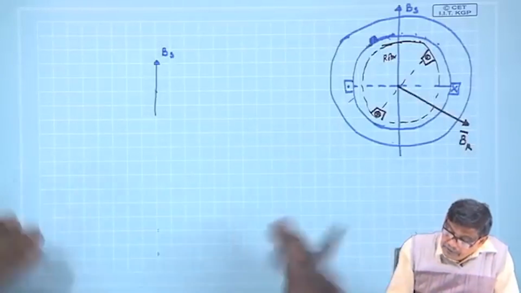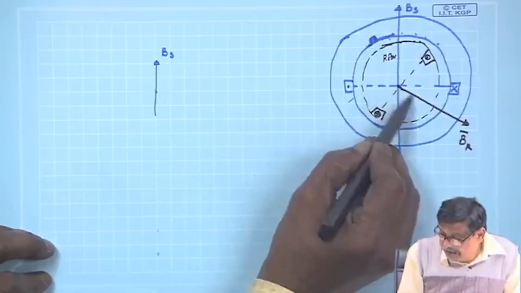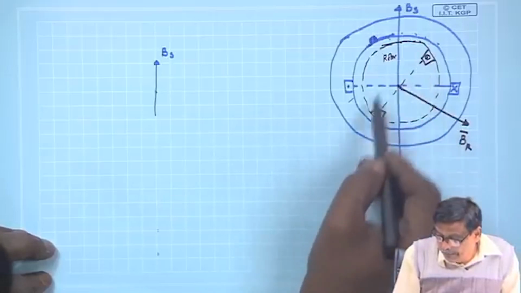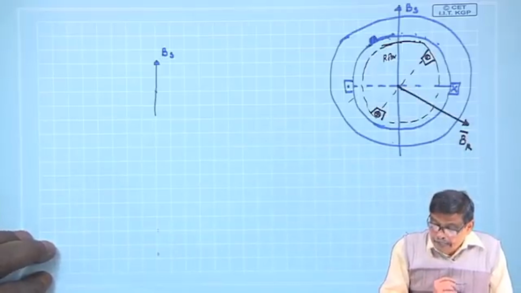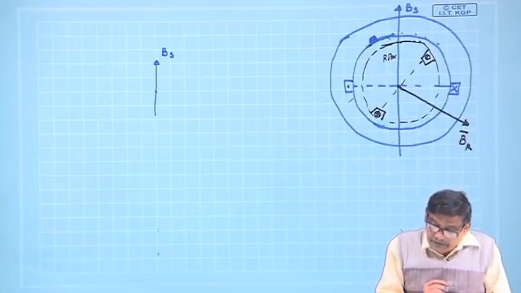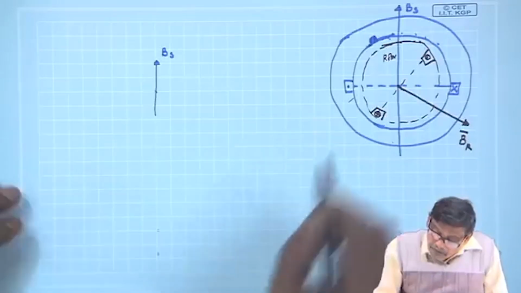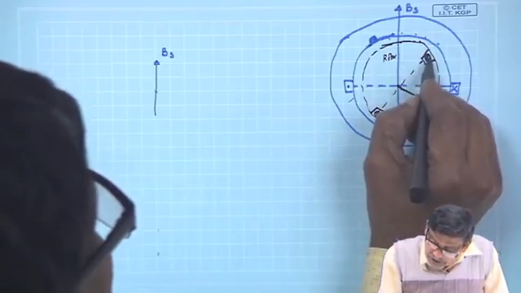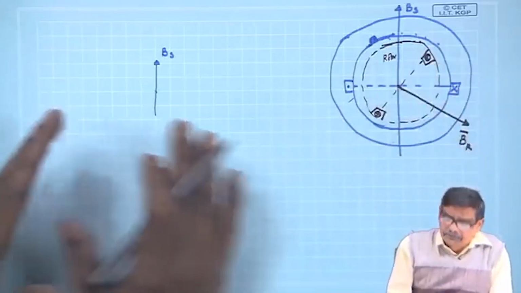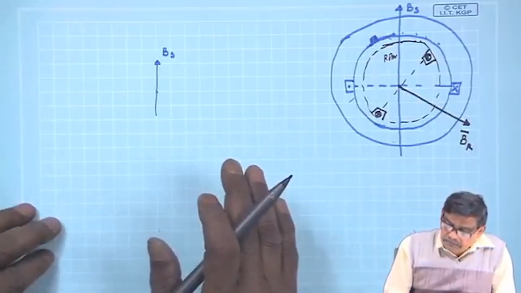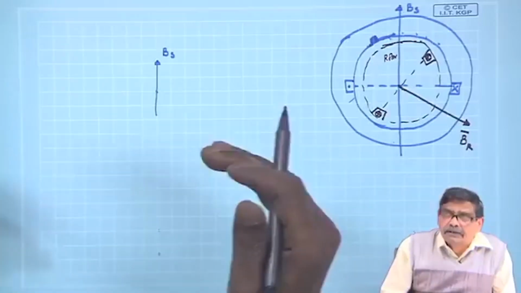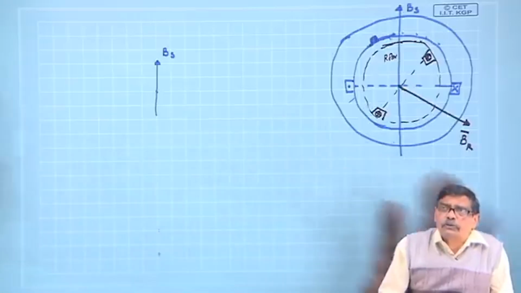This is also the lines of force direction, and the peak value here is BR. Okay, that is fine. Now, as I told you, when you study this topic, do not keep the induction motor in your mind.